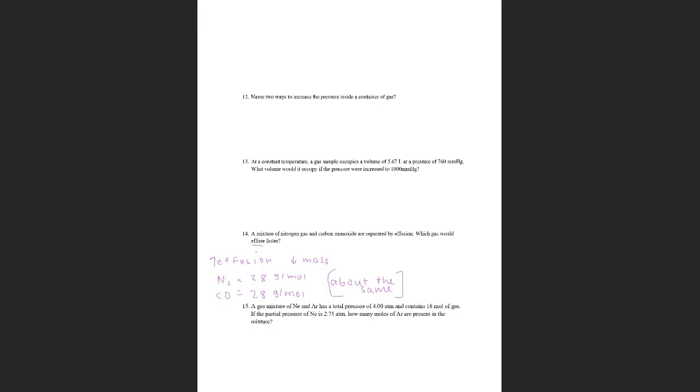Okay, so what's the formula for partial pressure? Yeah, so that's to find the pressure of the total container, but what about finding partial pressure for individual gases in a container?